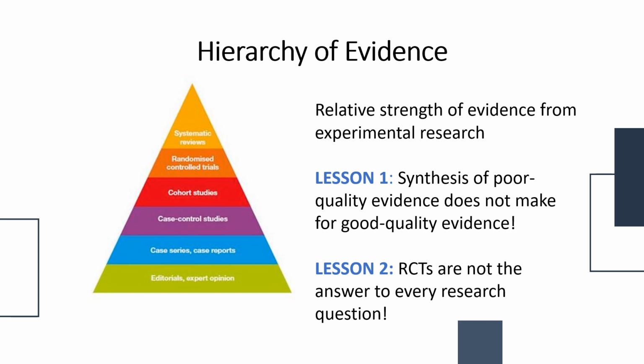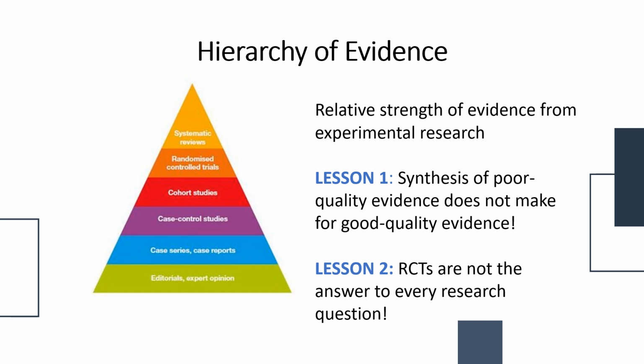However, some caveats. Synthesis of poor quality evidence doesn't make for a good quality systematic review. So your systematic review and meta-analysis are only as good as the trials which are included in those reviews. So it's always a bad idea to try to bring together lots of poor quality trials. You won't learn anything more.